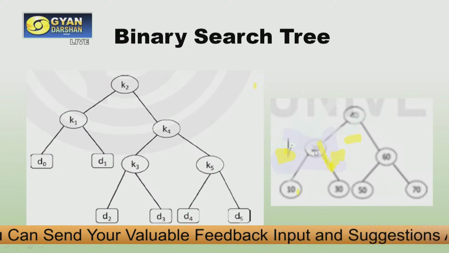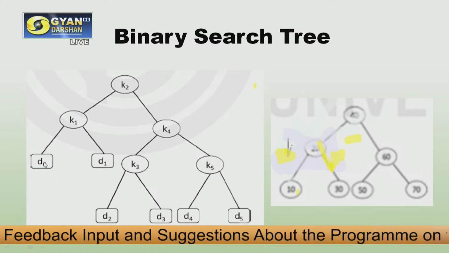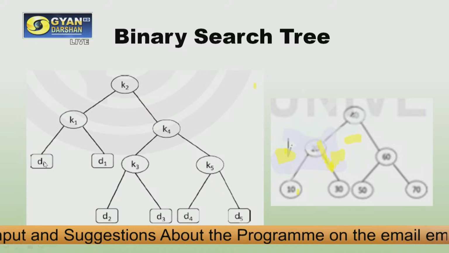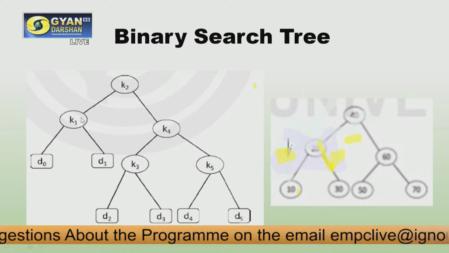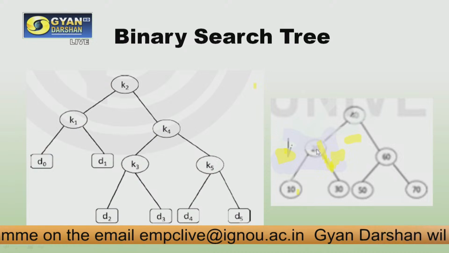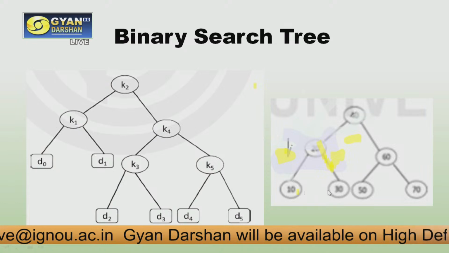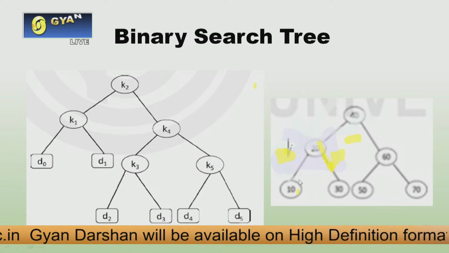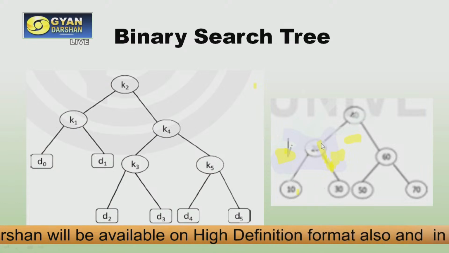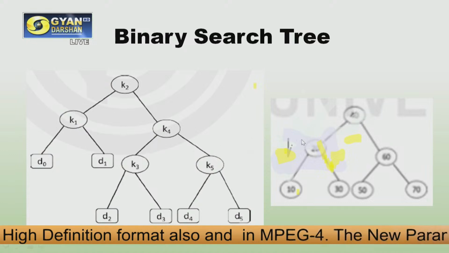Anything less than 20 falls under D0. Those two keys are not existing, we are assuming. Anything between 20 and 40 will fall in D1.